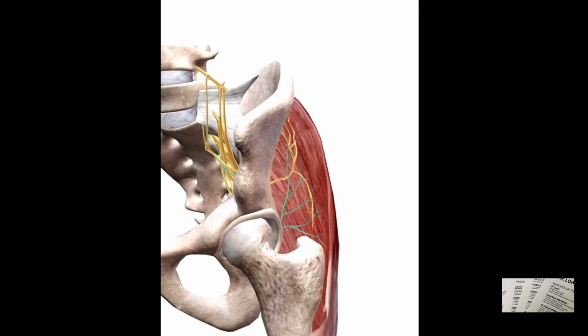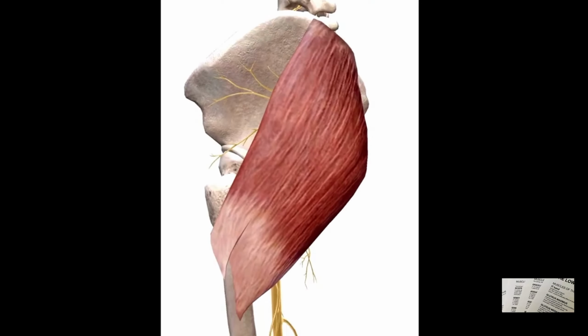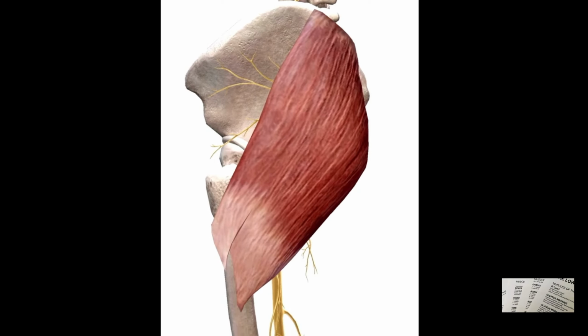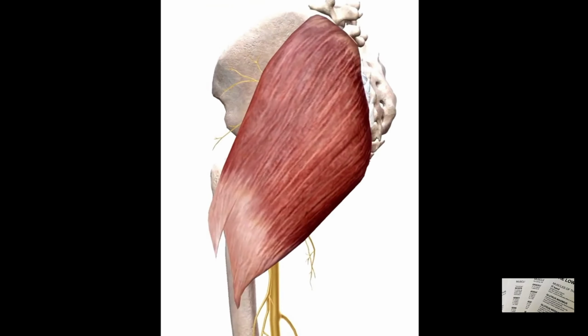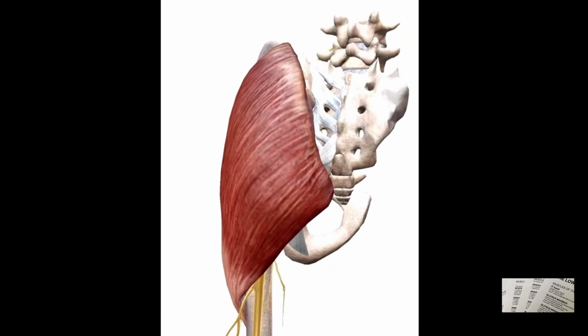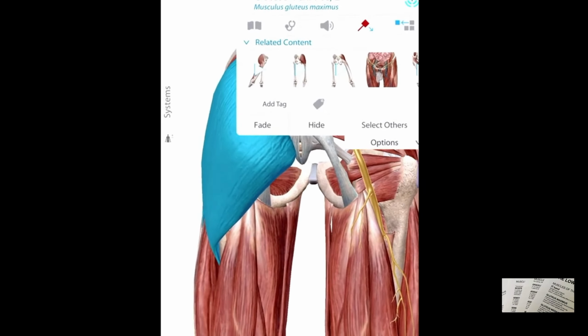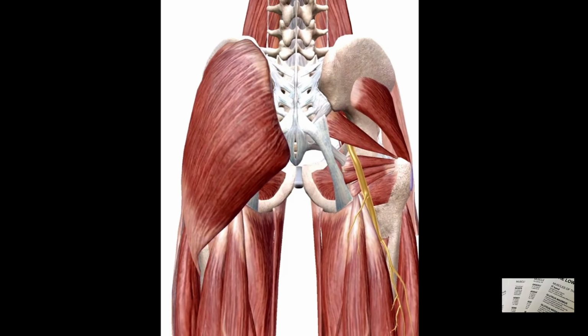You see it there highlighted, and it's coming off of that sacral plexus. Okay, so we went over origin, sacrum, ilium, insertion, IT band, gluteal tuberosity of the femur. Action, powerful extender of the hip. Innervation, inferior gluteal nerve for our gluteus maximus.